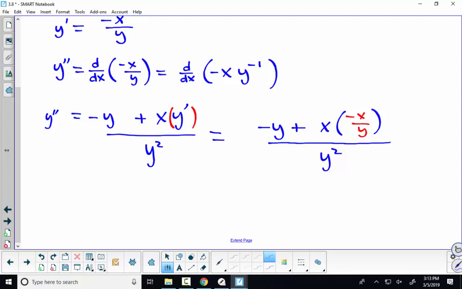The idea is when we write out second derivatives explicitly, there are no other derivatives that show up. So when we write out the second derivative implicitly, we don't want other derivatives showing up in that either.